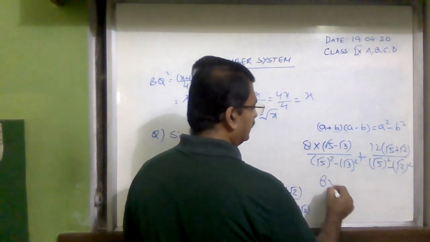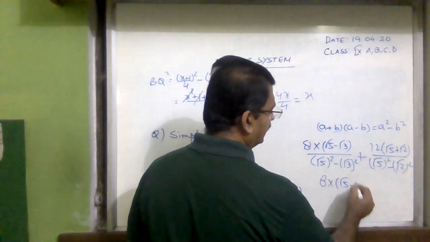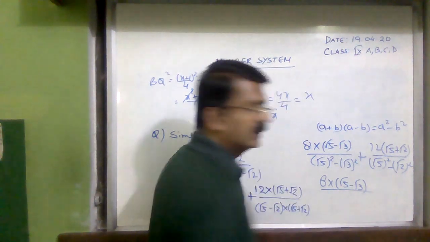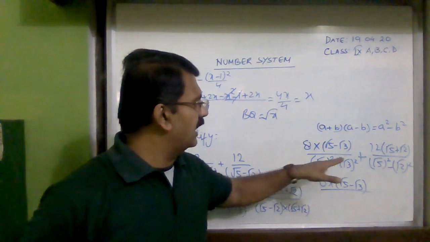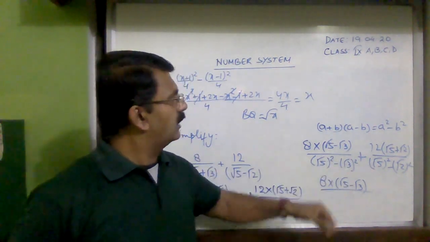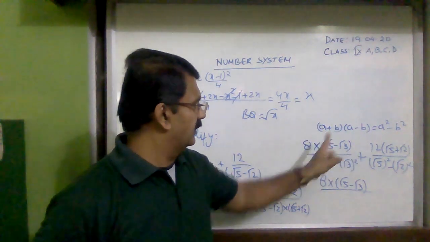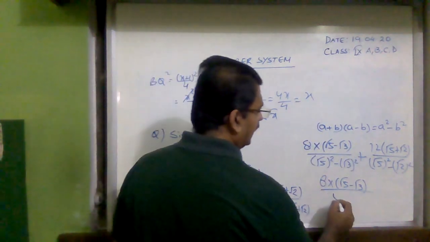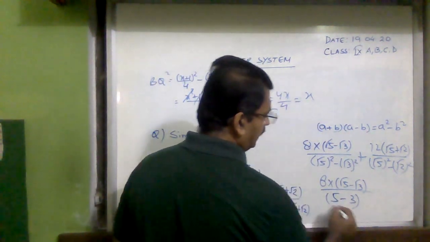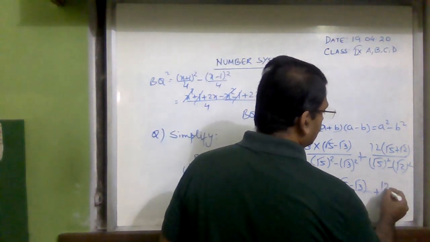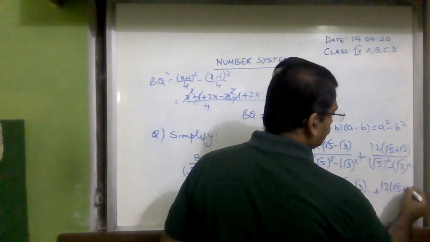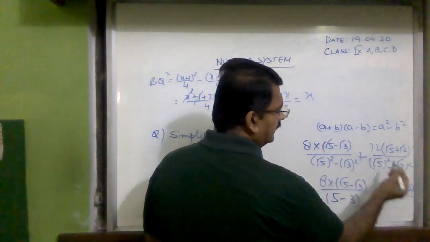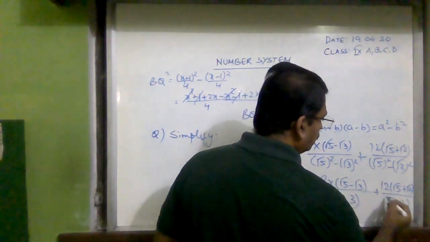Now 8 into root 5 minus root 3 upon, here it is a square minus b square, so it will be root 5 square is 5 and root 3 square is 3. Similarly here 12 into root 5 plus root 2, and this is again 5 minus 2.